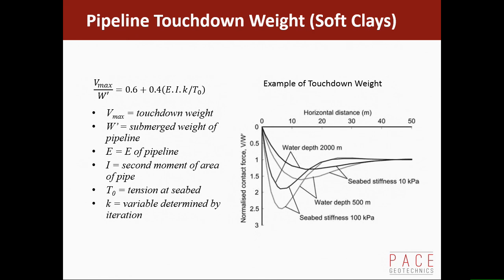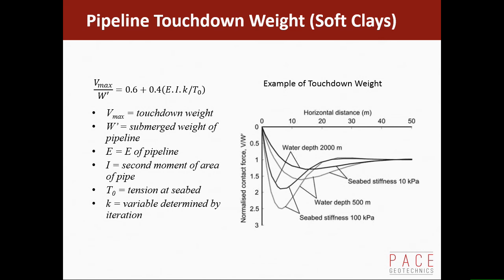And there is a little equation to help us calculate the touchdown weight of the pipeline, which is the first stage in calculating the embedment process. It's not too difficult. That equation is actually in the Guinea and Randolph book.